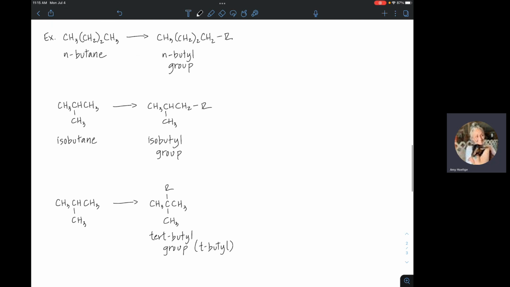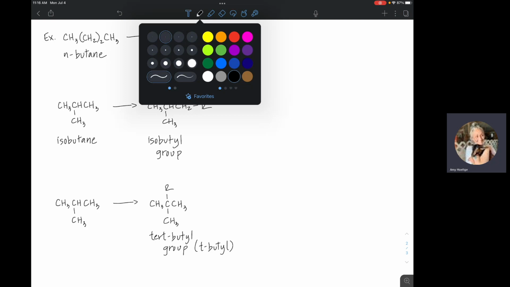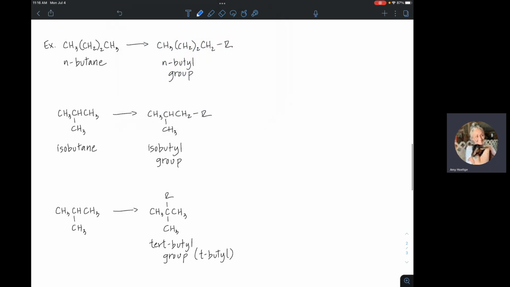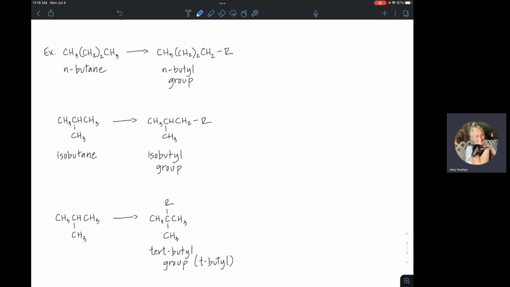So up here, and this is a good example to use because there's only a few isomers, in N-butane, if we're talking about this carbon, that methyl group on the end has, if you were to consider the two methylenes and the methyl group that come before it in that condensed structure to be R, and you're looking at a carbon that has R plus 3 hydrogens attached to it, we have what's called a primary carbon.